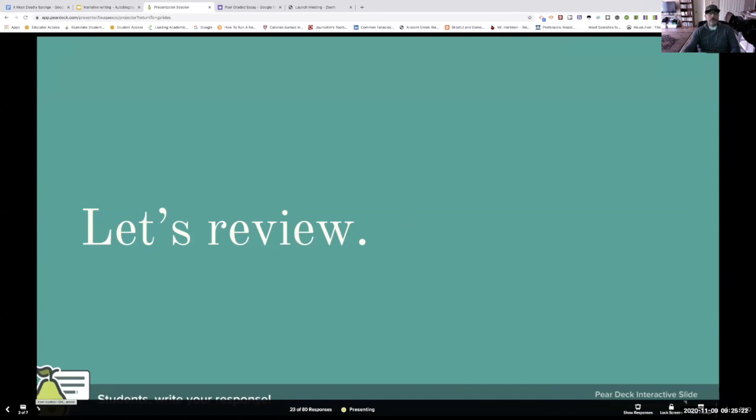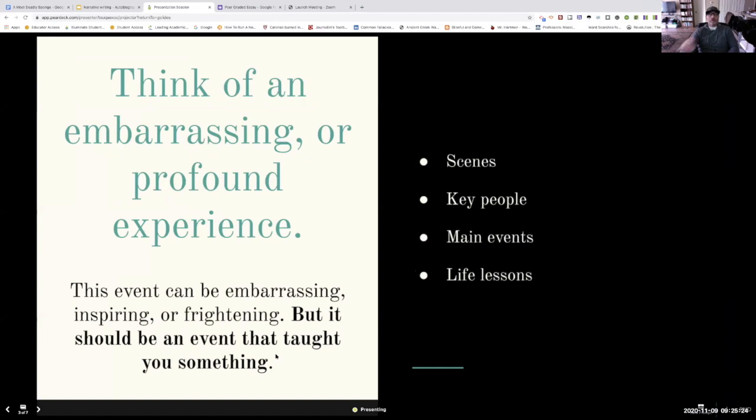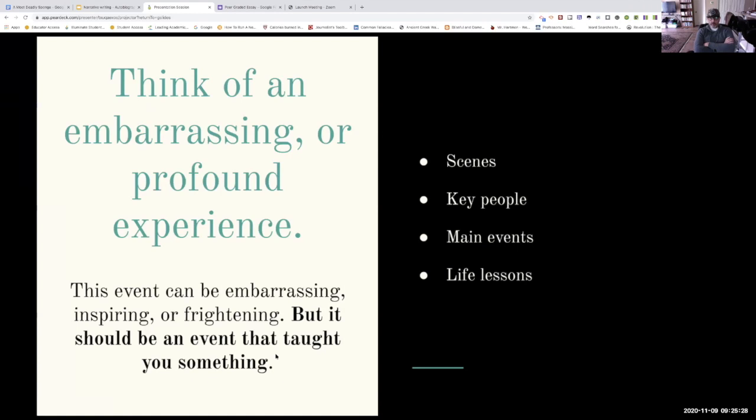Let's see how you did. These are the things when we're talking about that type of essay: we're addressing scenes, which is sort of the setting there. The key people are the characters. The main events, the beginning, middle, and end, are essentially plot. And then of course, the final piece is the life lesson.